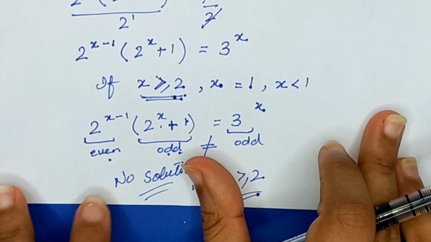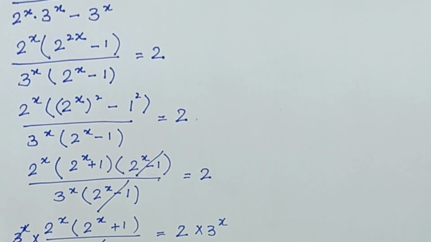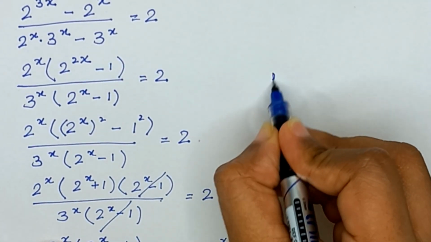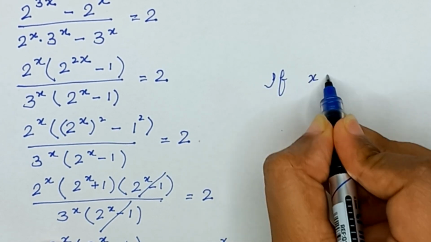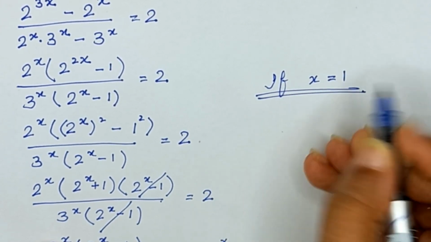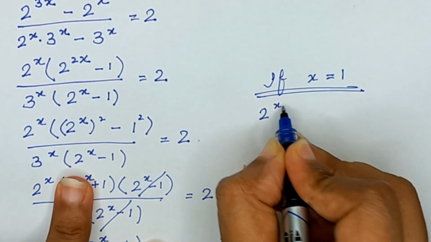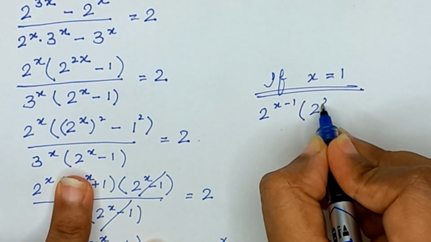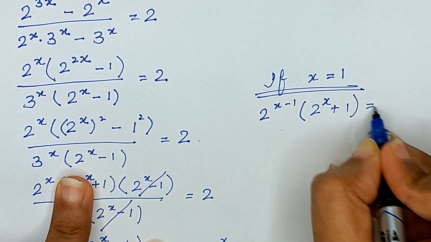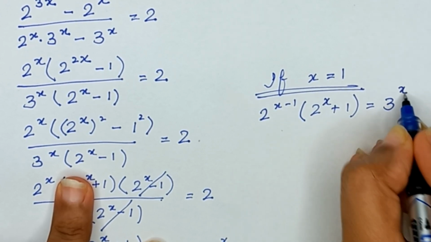Okay, now I will check for x equal to 1. Here we have 2 raised to the power x minus 1 times 2 raised to the power x plus 1 is equal to 3 raised to the power x.